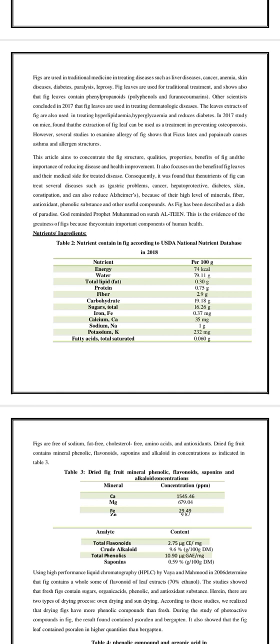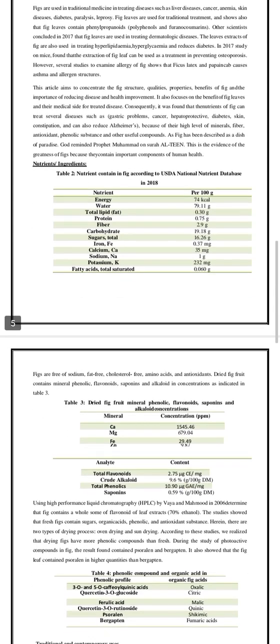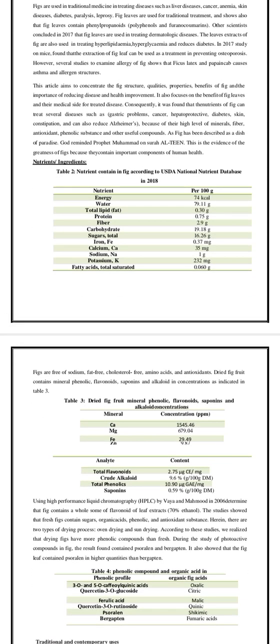Now the most important thing about the fig or any plant species is their nutrients or ingredients. This table shows the nutrients and ingredients and their quantity according to a report in 2018.